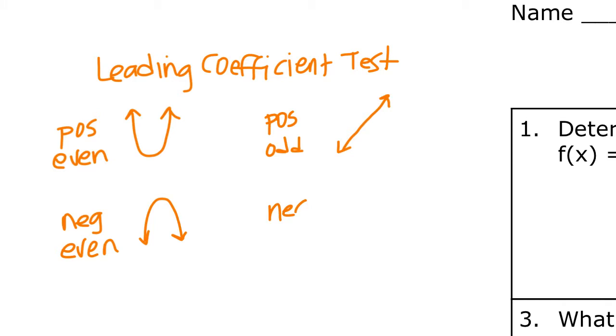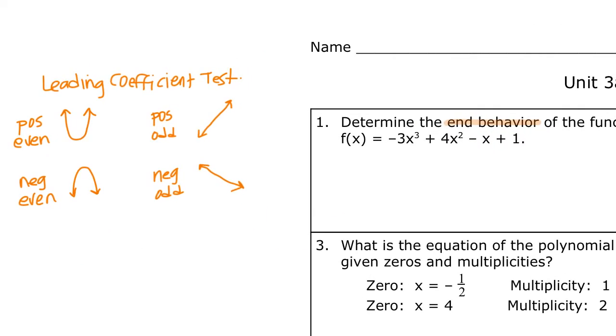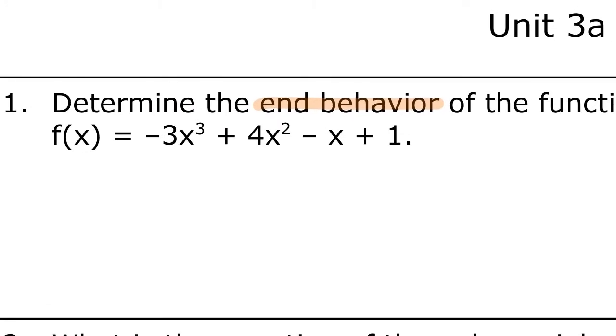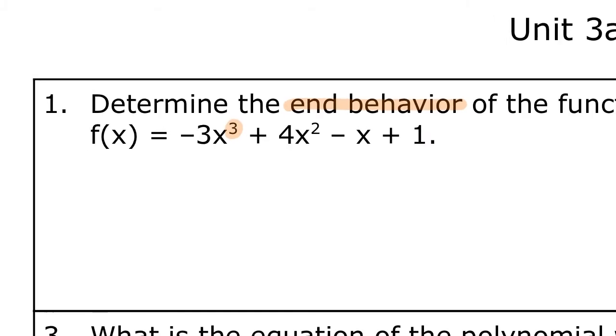And if it's negative and odd, the left side is up while the right side points down. So for this problem, your degree is your biggest exponent. So in this polynomial, our biggest exponent is 3, making this an odd degree function.